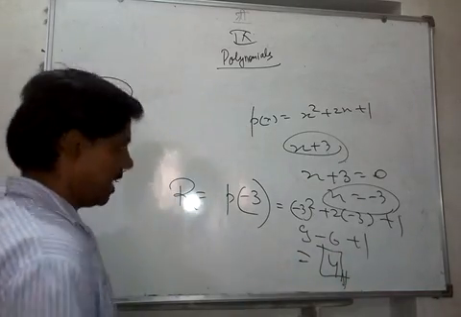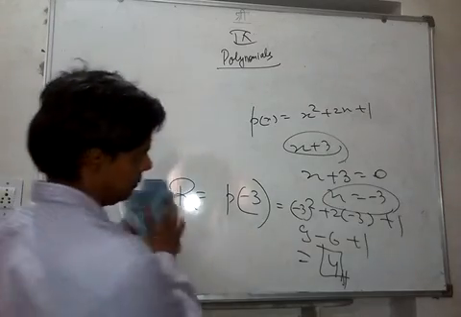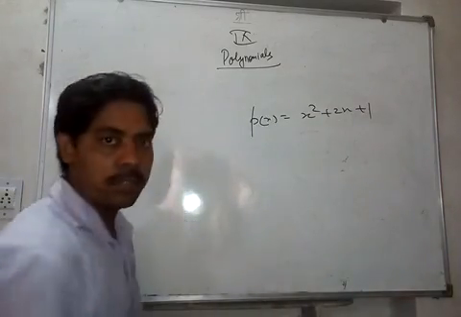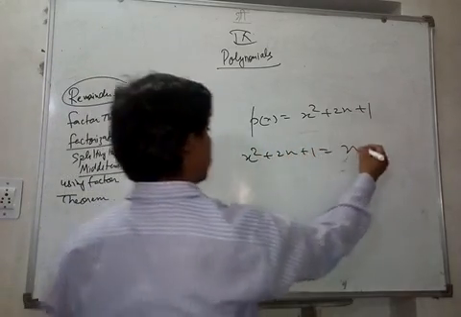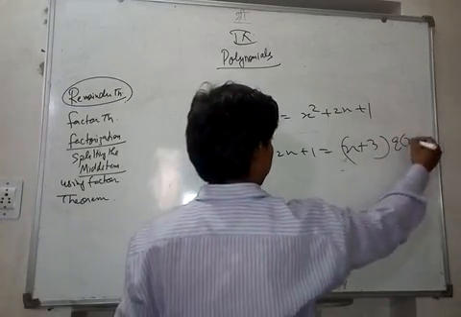Why is it happening like this? The question is, why are we getting the remainder every time like this? Because the rule is very simple. You can write this polynomial as x plus 3 multiplied by some quotient q of x, plus the remainder.